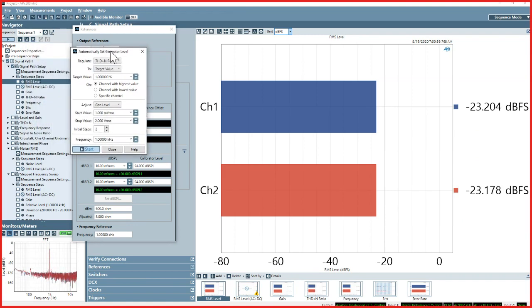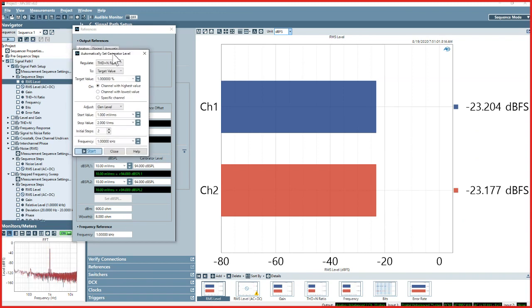Let's take a look at automatic generator level. So here we can have the system automatically find an input level for the device that satisfies a couple of different output conditions. The first is I'm going to try saying, hey, I want to find out what input level gives us an output level of 0 dBFS. Essentially, at what point do we reach full scale for this converter?